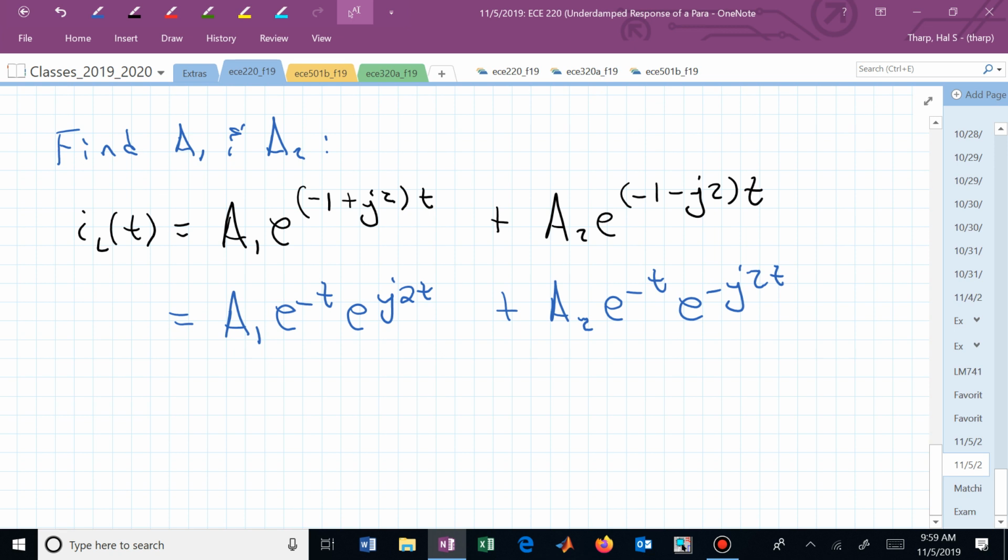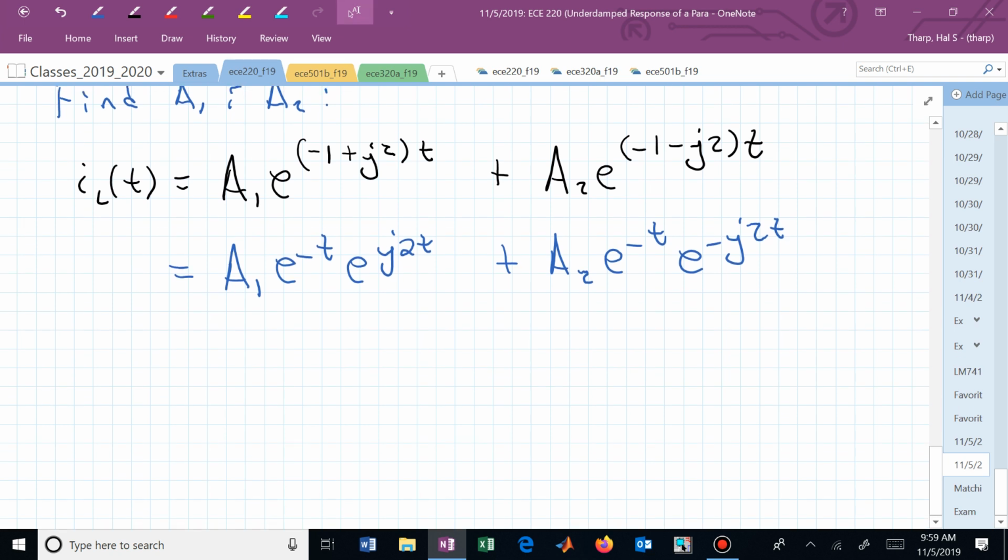We've simply rewritten the sum in the exponent as a product of two terms, and that's valid. We can see there's a common factor among those two terms: the e to the minus t. That's the damping piece, what gives us our exponential damping in the underdamped scenario.